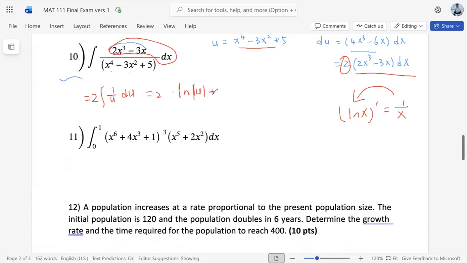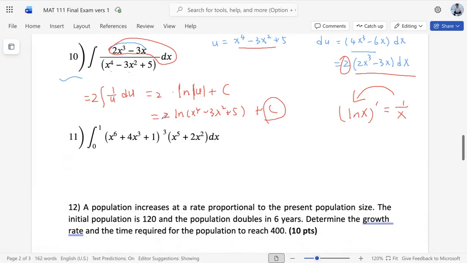Then this is an indefinite integral, so we need to add constant c. Now we can substitute u back. So there's a 2 ln of x raised to 4 minus 3x squared plus 5. Then add a c to it. And that's it. Again, we get a family of functions. So it really depends on c.